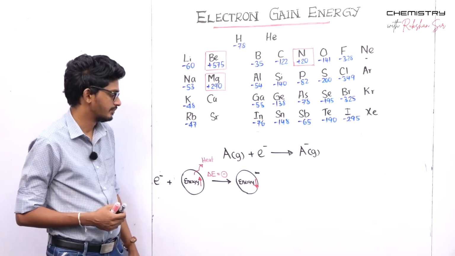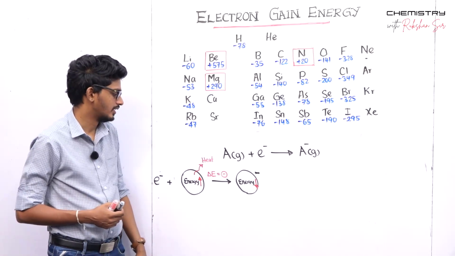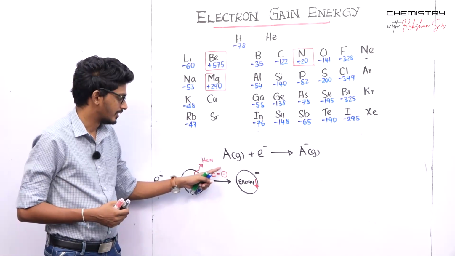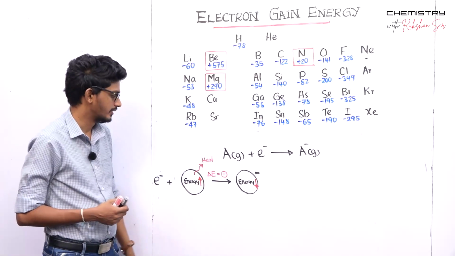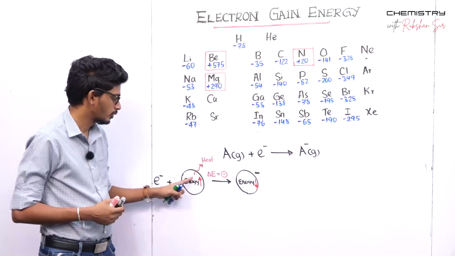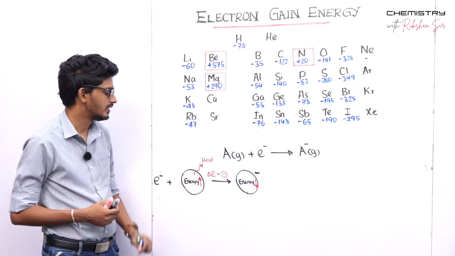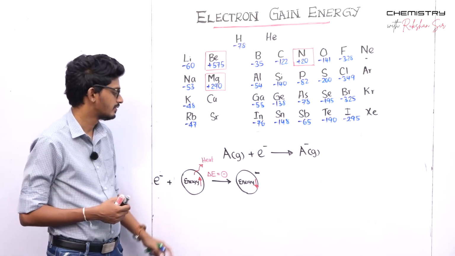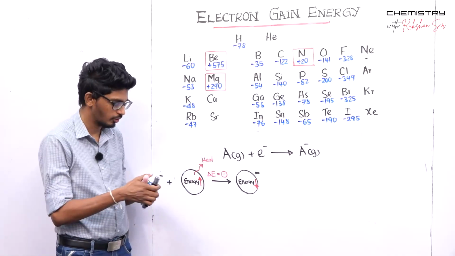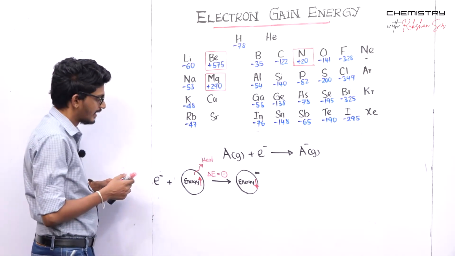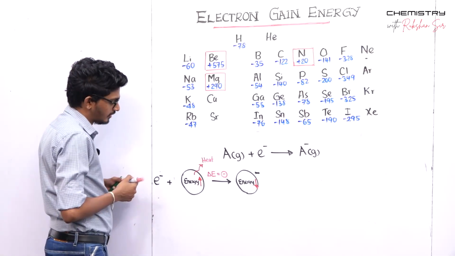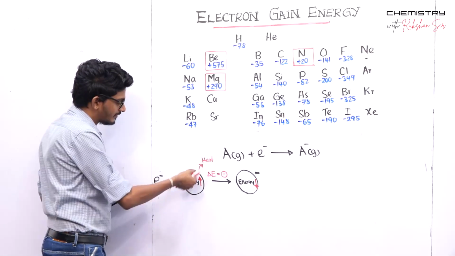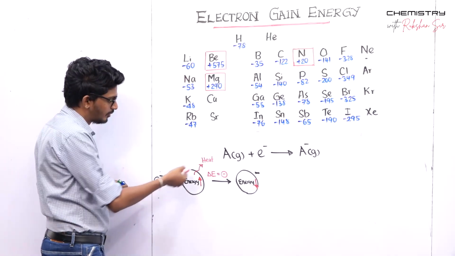In such a situation, the electron gain comes up with a negative value. Such things occur when you release some heat when gaining an electron. Such processes are referred to as exothermic processes, as thermal energy is released.